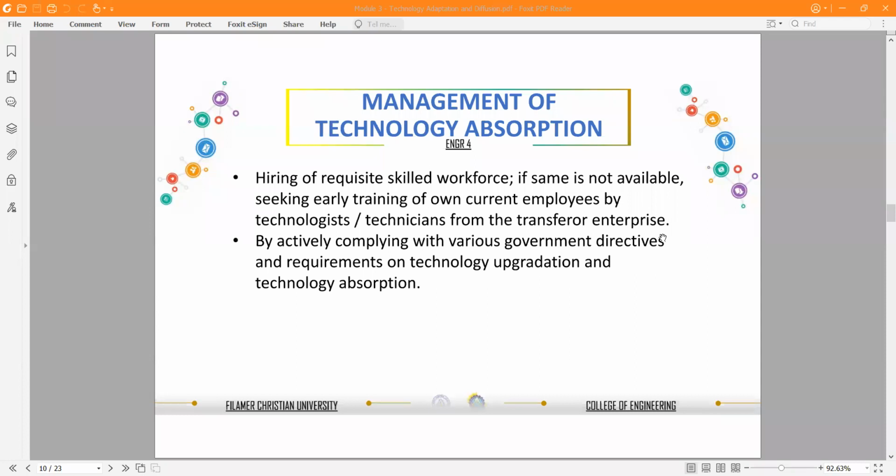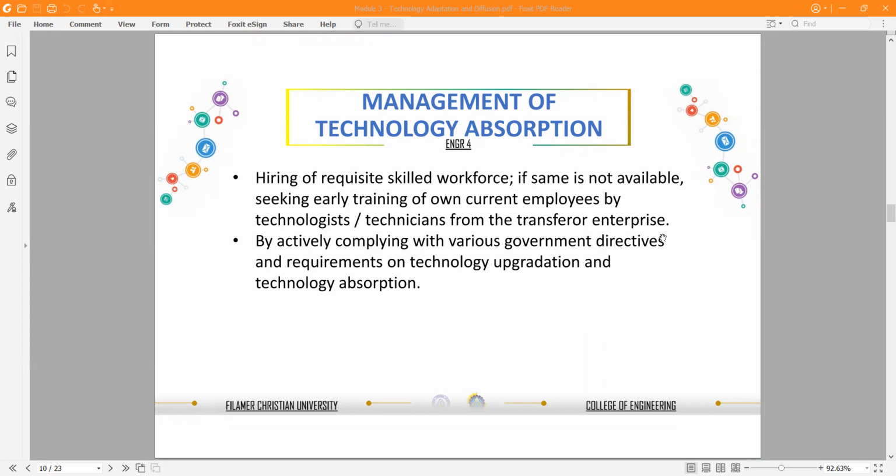So for example, Cisco. Cisco is a network provider. So meron silang binibentang hardware tsaka yung software nila. And then, when you adapt that technology, gagamitin mo siya bilang switch ng yung IT infrastructure. So you need to train your employee para magamit niya yung technology na bago, para maka-adapt kayo.